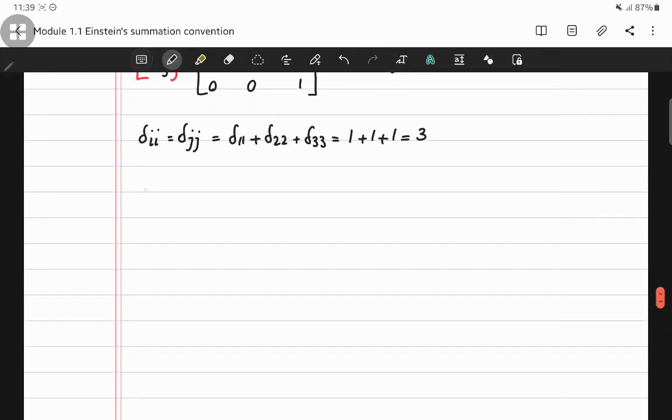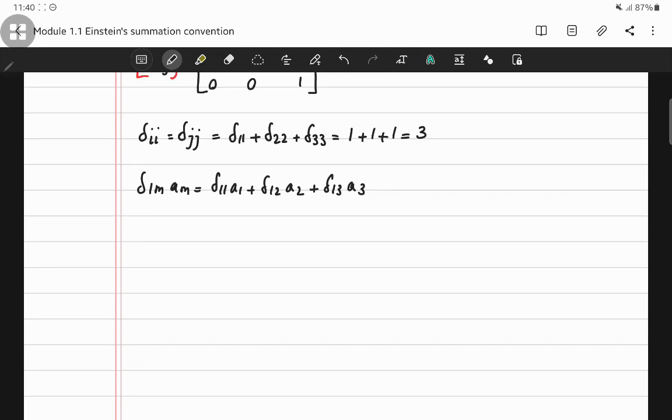If I write something like delta 1m am, m is just a dummy index, right? So it varies from 1 to 3. So delta 1 1 a1 plus delta 1 2 a2 plus delta 1 3 a3. And nothing more than that.